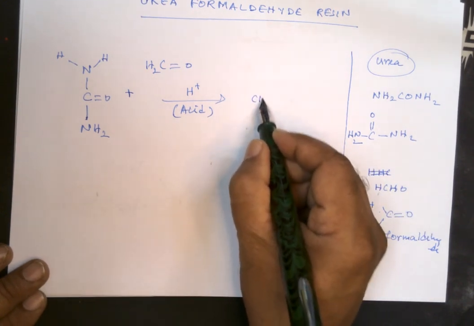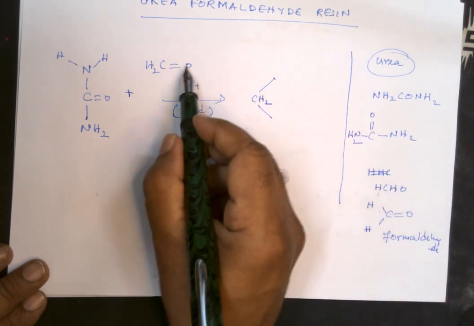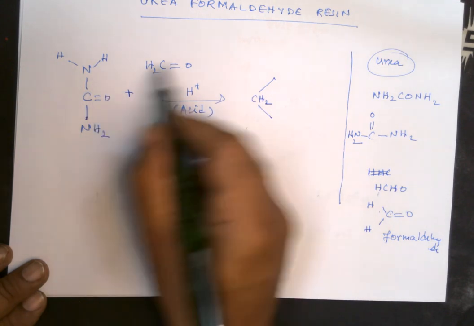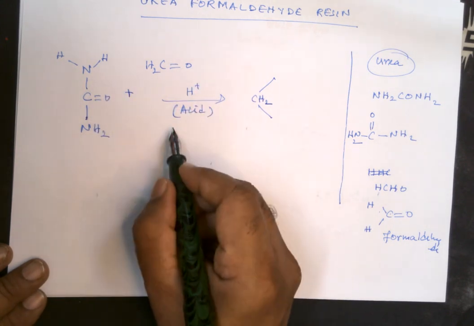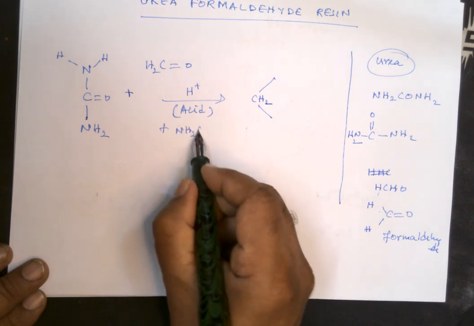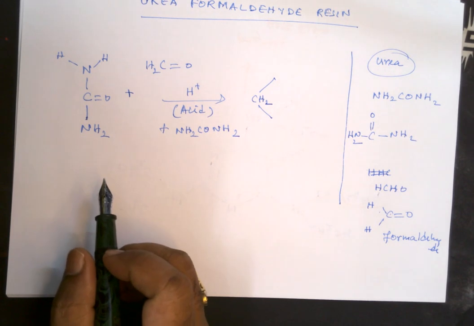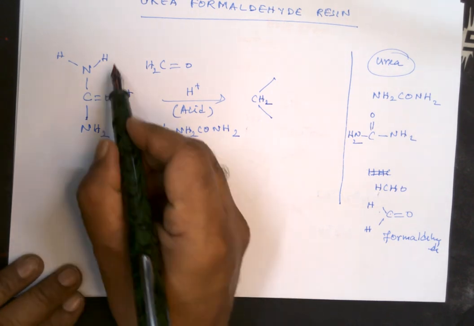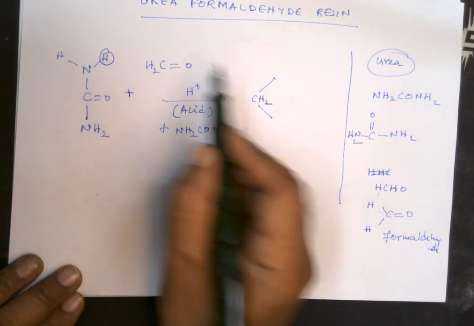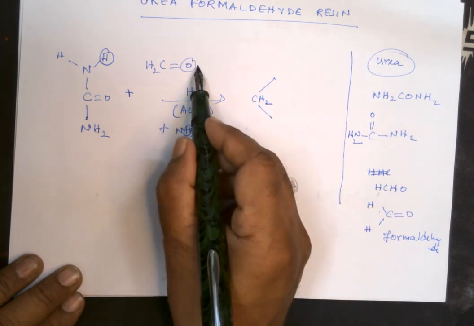CH2, and this O belongs to these 2 moles of urea. You can take another urea molecule also, NH2 CO NH2. Now what happens is, from here one hydrogen will combine with this oxygen, and another hydrogen from this.